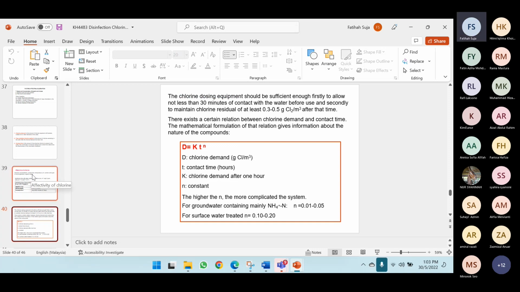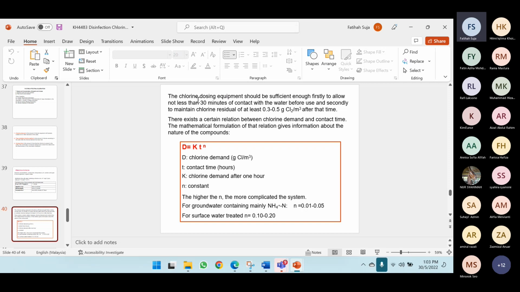Okay. The chlorine dosing equipment should be sufficient, firstly, to allow not less than 30 minutes of contact time with the water before use, and secondly, to maintain a chlorine residual of at least 0.3 to 0.5 gram chlorine per cubic meter after that time. Okay, 3 to 5 milligram per liter of chlorine in the residual chlorine.